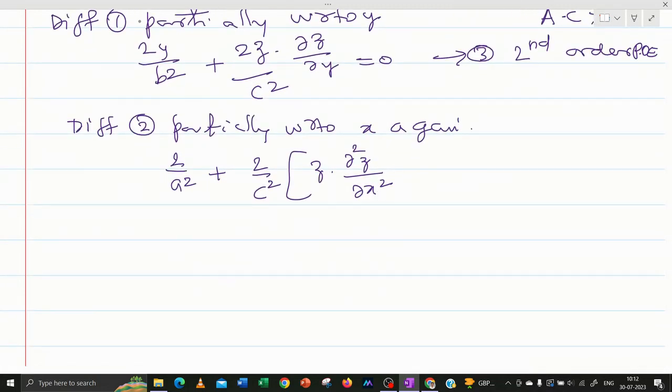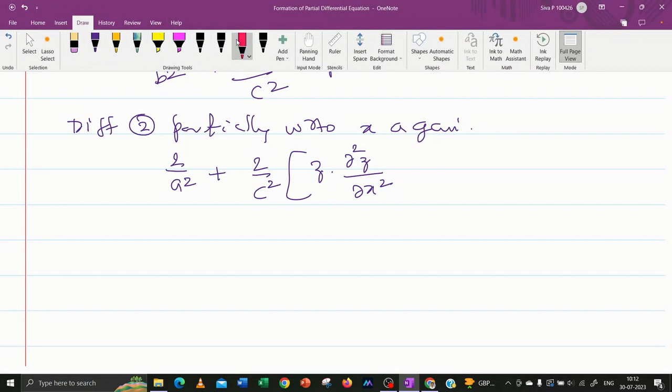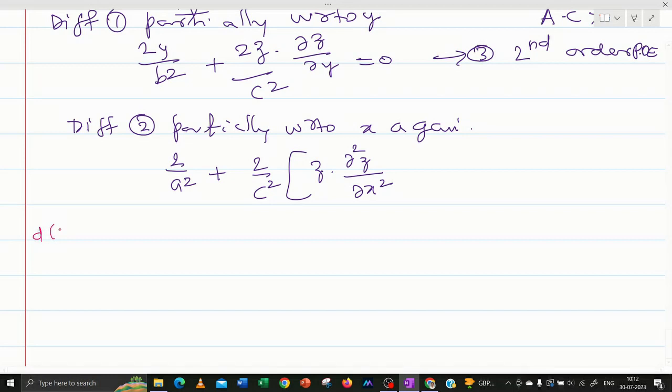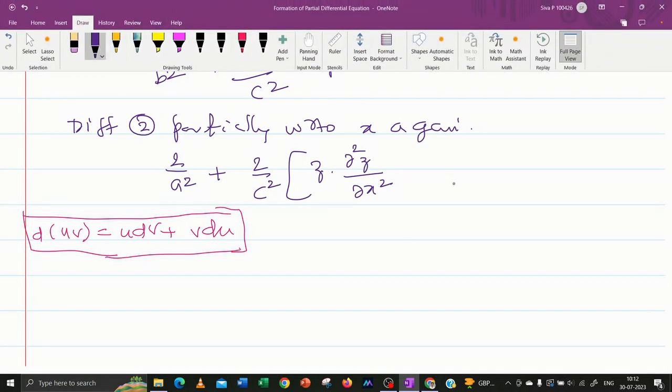The multiplication formula: d of uv equals u dv plus v du. Using the formula, first keep z, then differentiate.